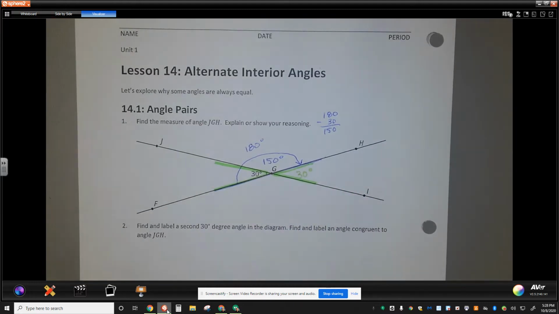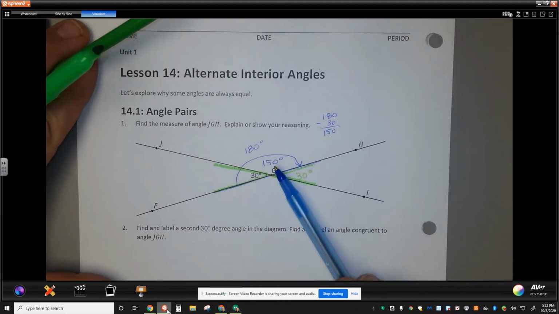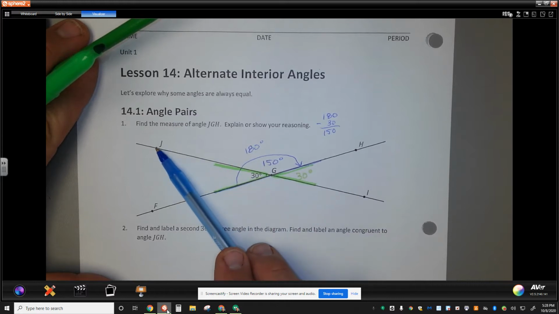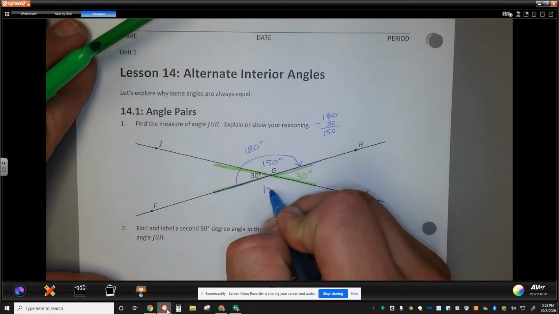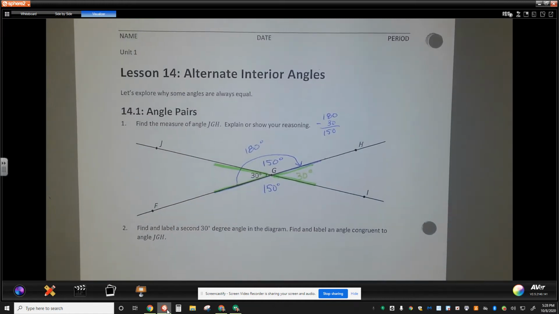By that same logic, we can know that the vertical angle to the one we found, JGH, must be angle FGI, and so that angle must equal 150 degrees.